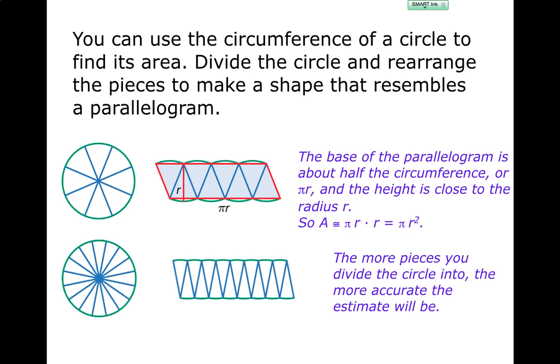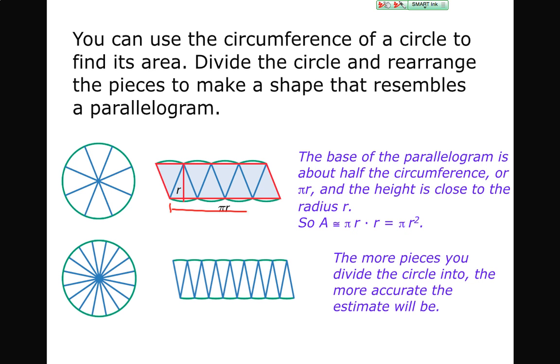The area of that parallelogram is going to be the same as the area of the circle. How wide? What's the base of that parallelogram? It was half of the way around a circle. If the whole circumference is 2 pi r, then half of that was just pi r. So the base of the parallelogram I've pictured is pi r.